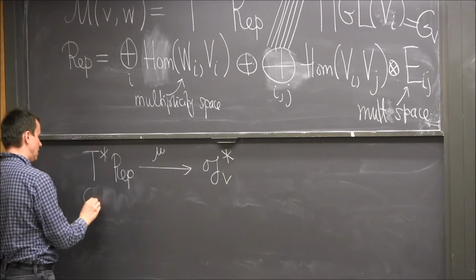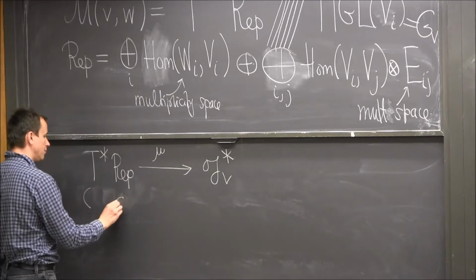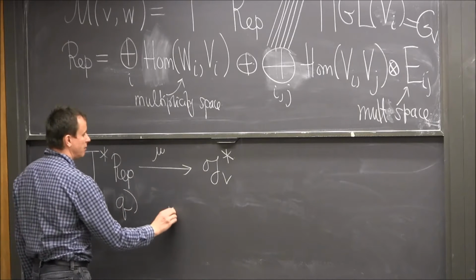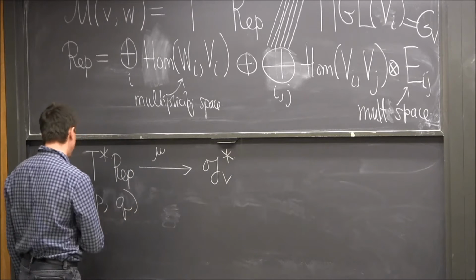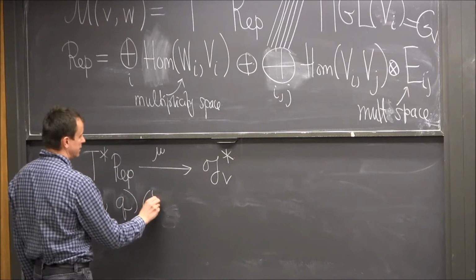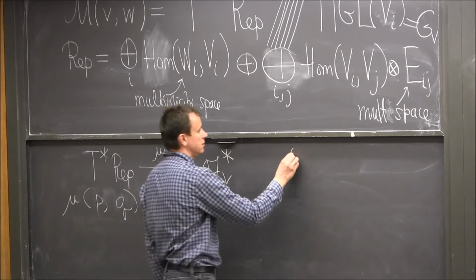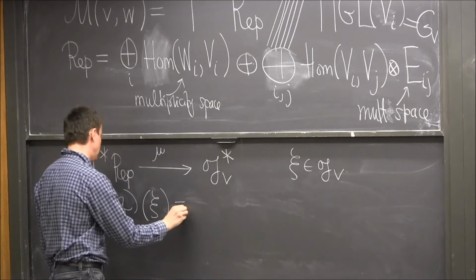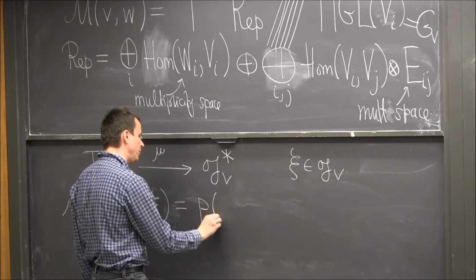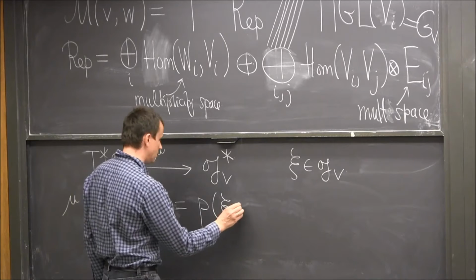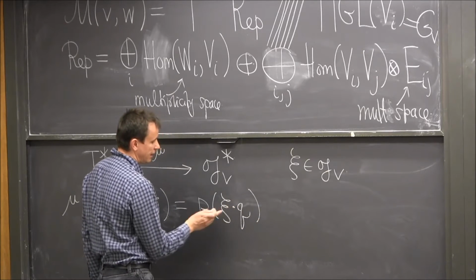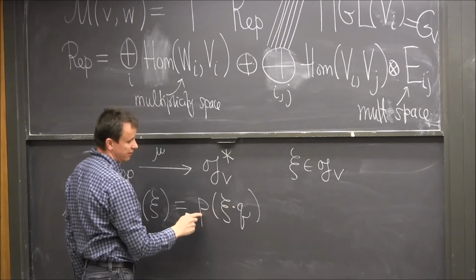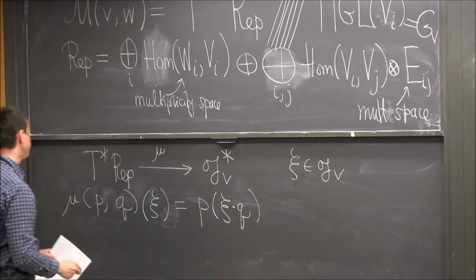Here is a vector Q and a covector P. The value of the moment map on an element psi of the Lie algebra is the value of P on the tangent vector: psi acts on Q, since this is a representation, giving you a vector, and you evaluate the covector on it.